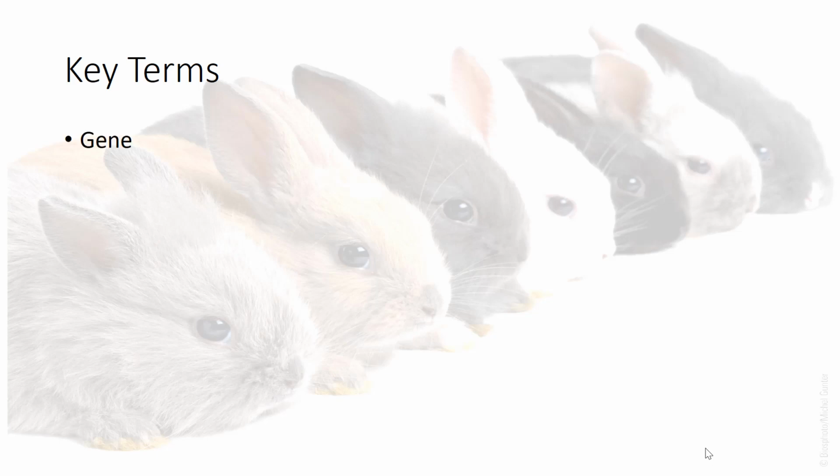So first term is a gene, and there are a number of ways in which you can define a gene. This textbook defines a gene in a way that I think is really helpful, and they basically just say anything that is transcribed into some kind of functional RNA is a gene.